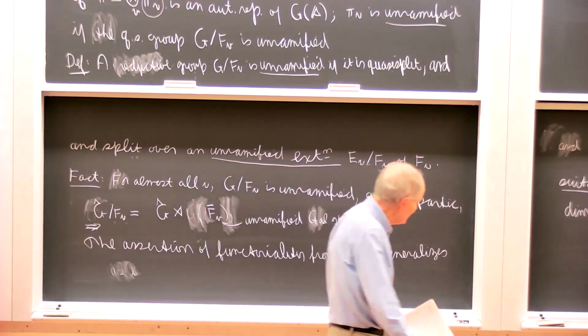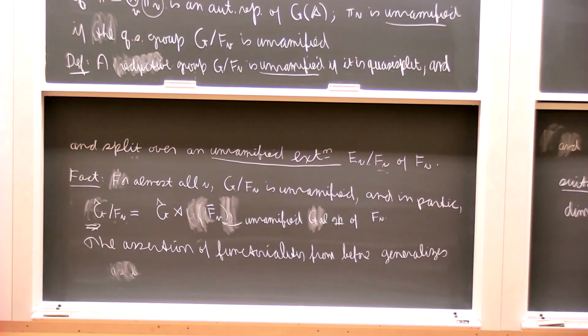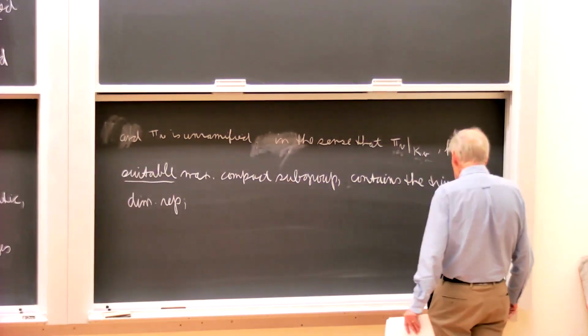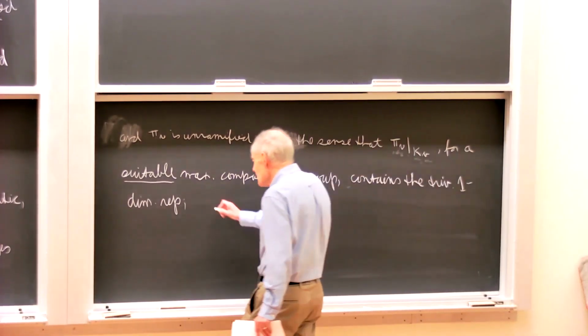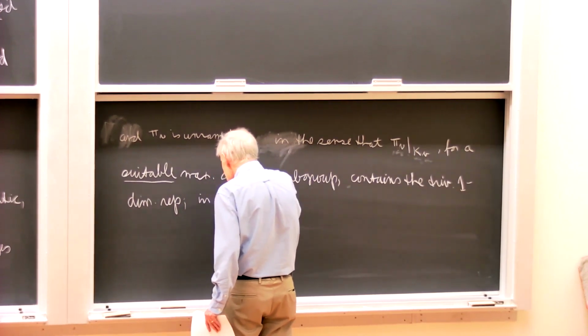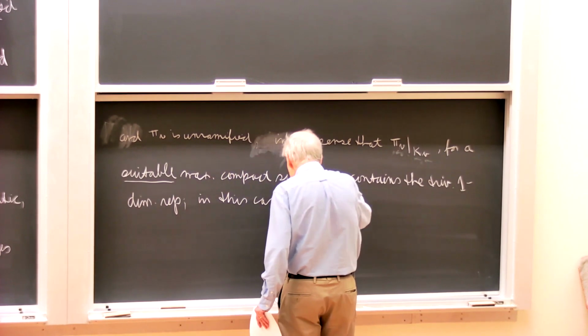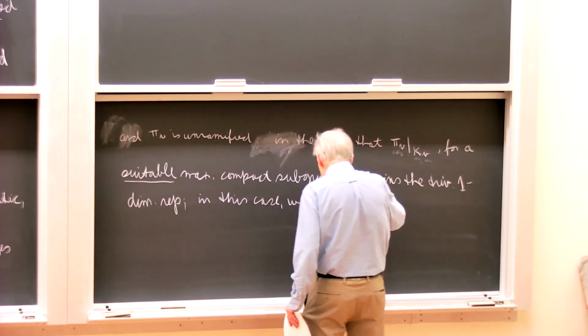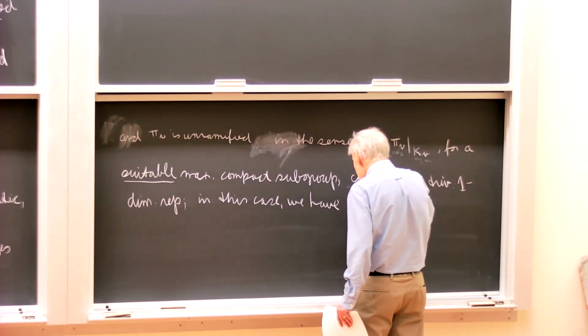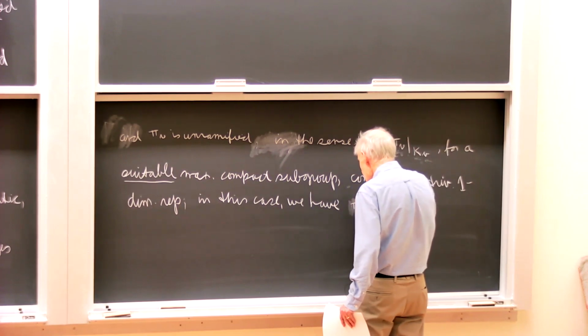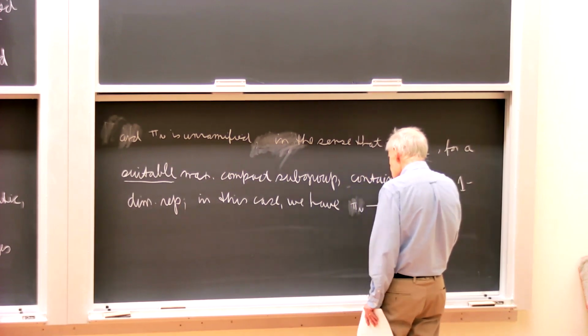So if you don't mind, I'm just going to say for a suitable maximal compact subgroup contains the trivial one-dimensional representation, and then in this case, we have a semi-simple conjugacy class. Pi v is unramified in this sense.